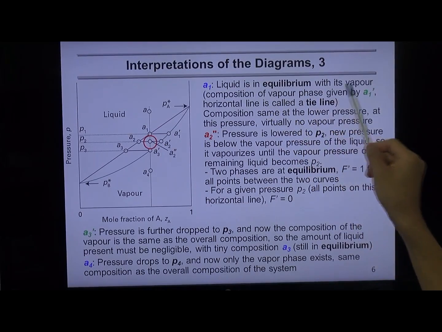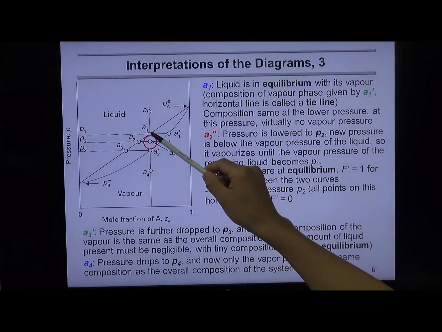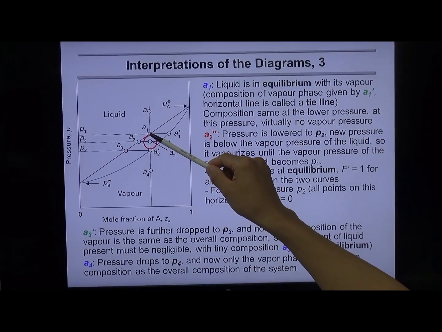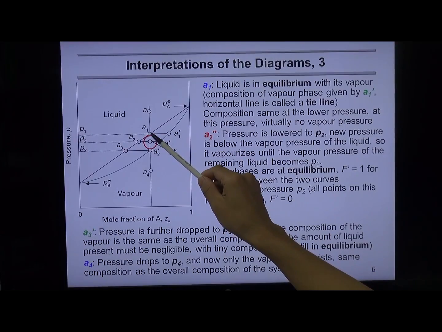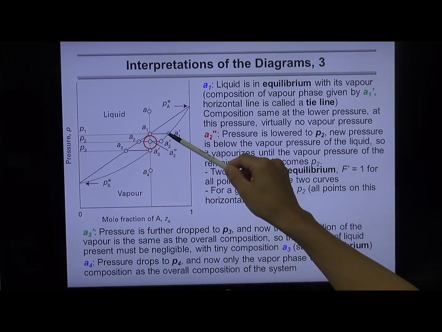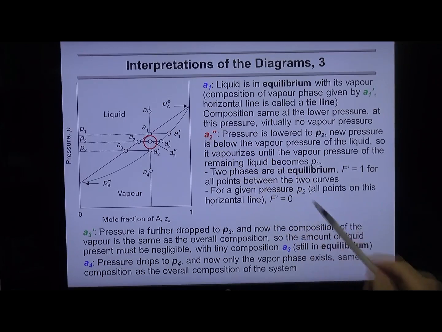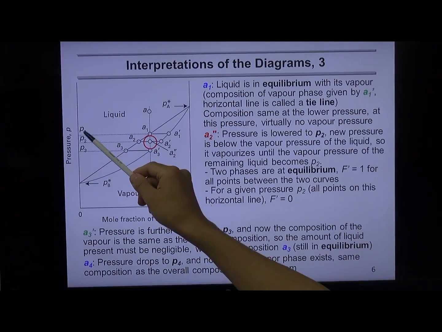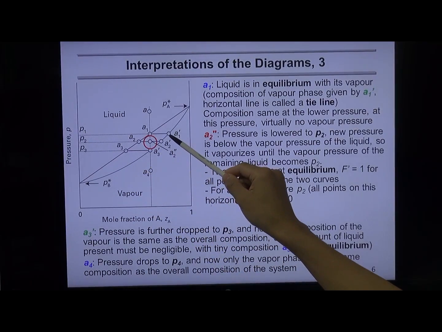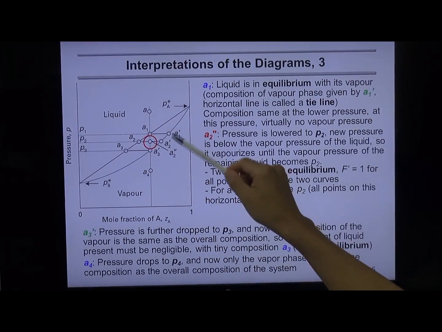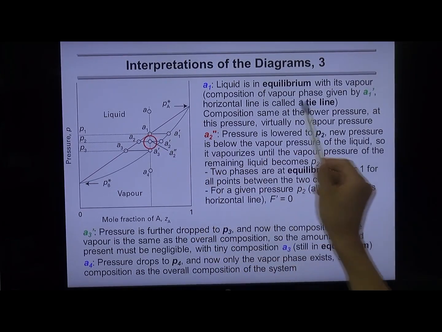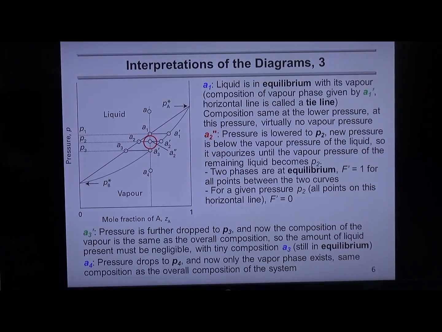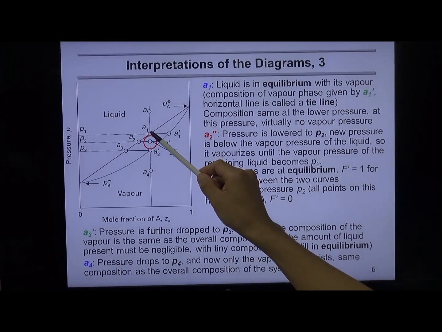Liquid is in equilibrium with this vapor, and the composition of the liquid would be here, XA. At total vapor pressure P1, the composition of vapor would be here, A1 prime, right? And this horizontal line is called a tie line. And you go down more.